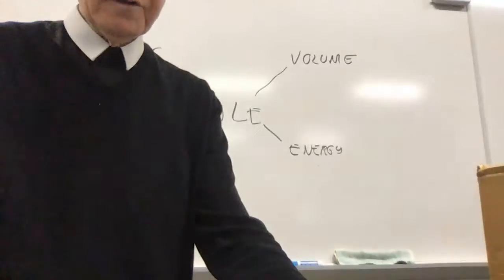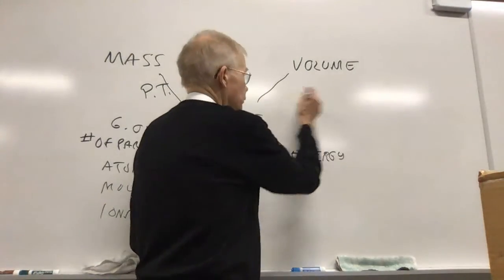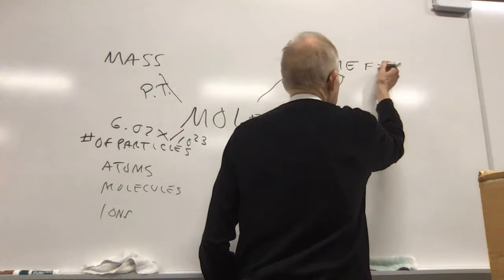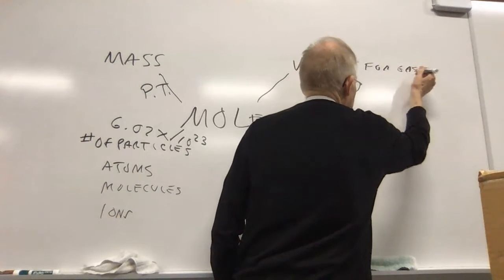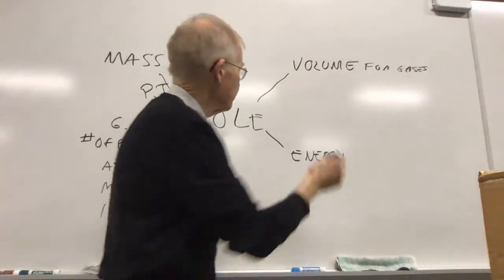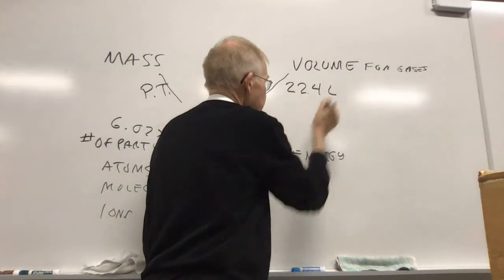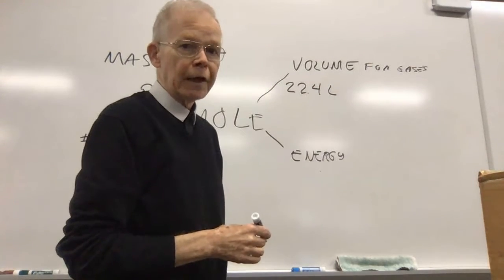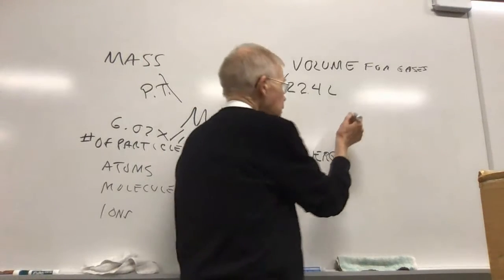In order to go from moles to volume, the number that I need, and this is for gas, not for liquids or solids, just for gases, the number that I need is 22.4 liters. And that's for conditions of that 0 degrees Celsius, 1 atmosphere of pressure.